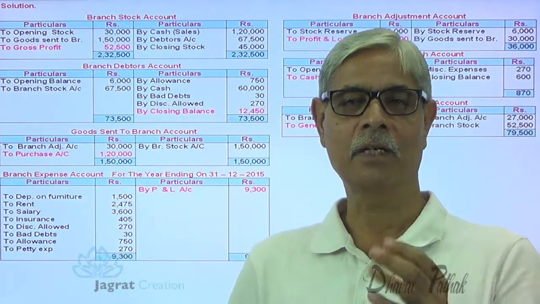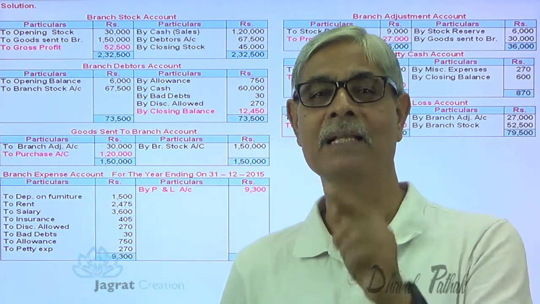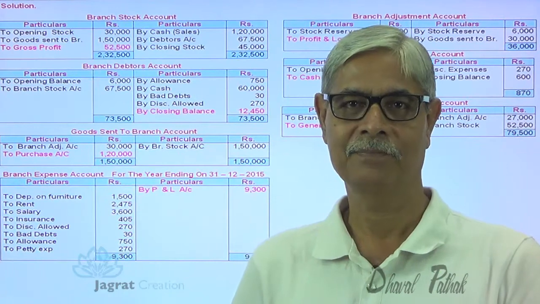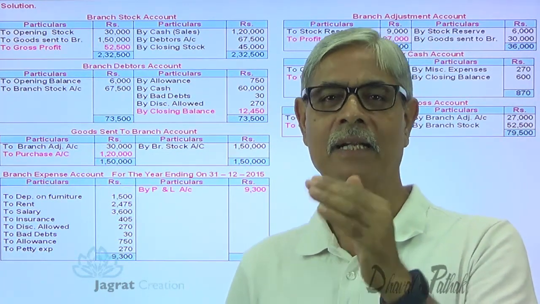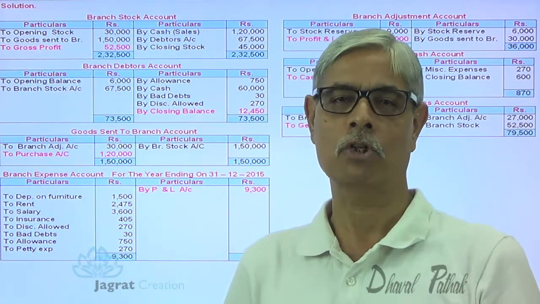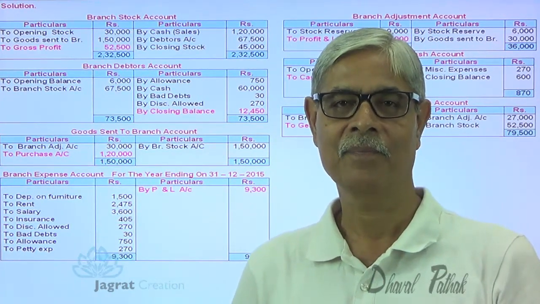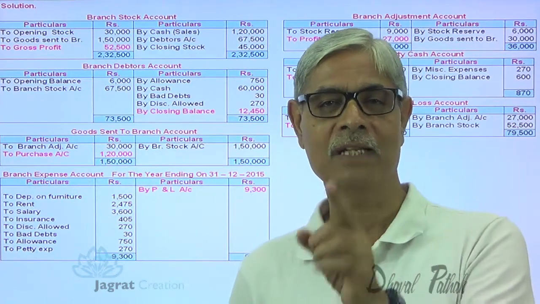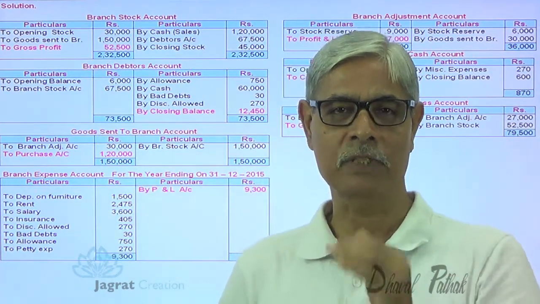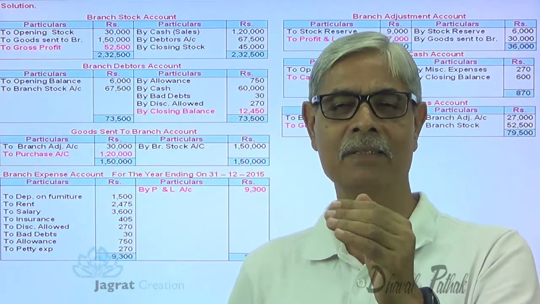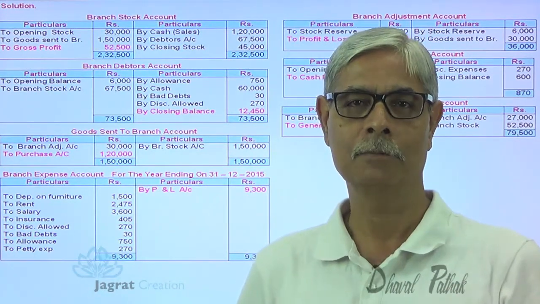Now the third option: goods are sent to the branch at cost with an instruction to sell the goods at a certain percentage of profit above the cost. Listen once again. Goods are sent to the branch at cost. The branch manager is given an instruction to sell the goods at a certain percentage of profit above the cost.